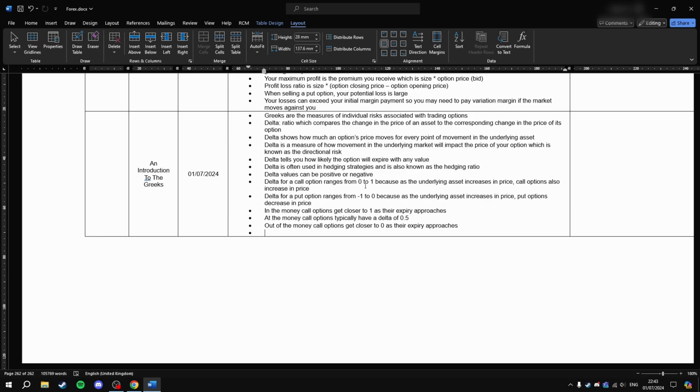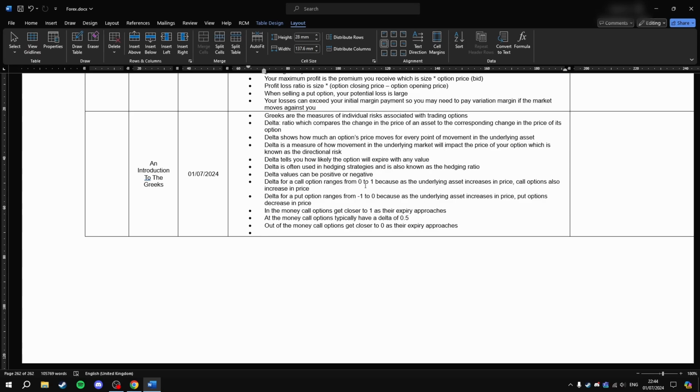Out of the money, so you're not making any profit, call options get closer to 0 as their expiry approaches. So 0 basically means no correlation, so they don't match up with each other at all. Let's just say the option price increases, but the underlying asset price doesn't increase at all.